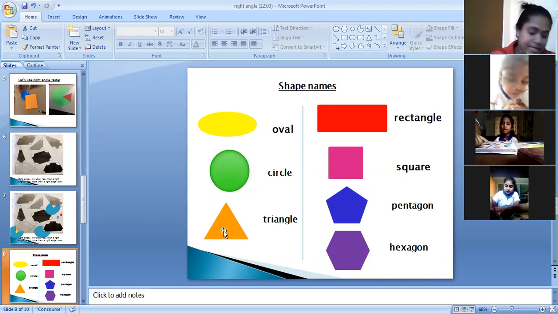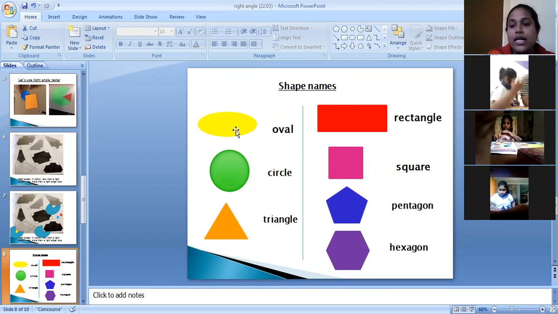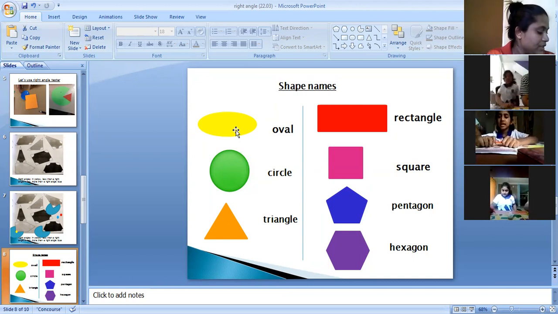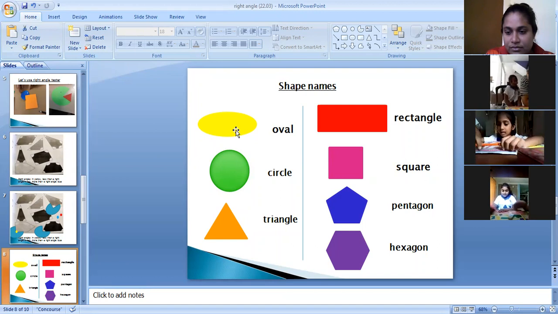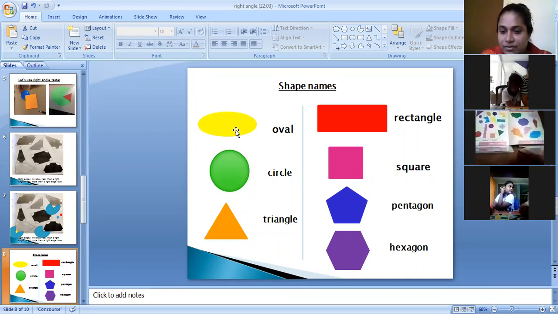Next shape is here in the bottom of the page. Again, there are some names. Oval, this yellow color shape. How many triangles? 2, isn't it? No, it's 3 now.